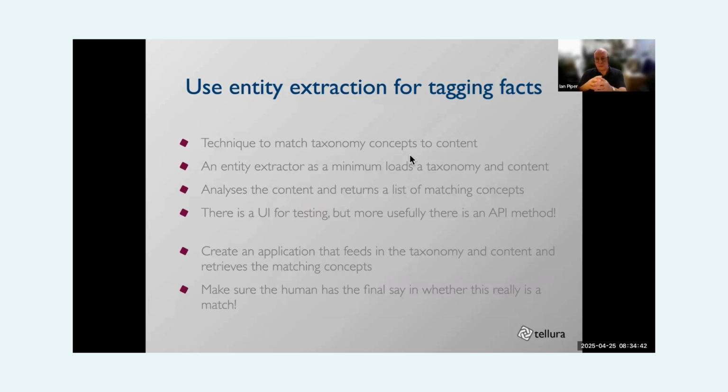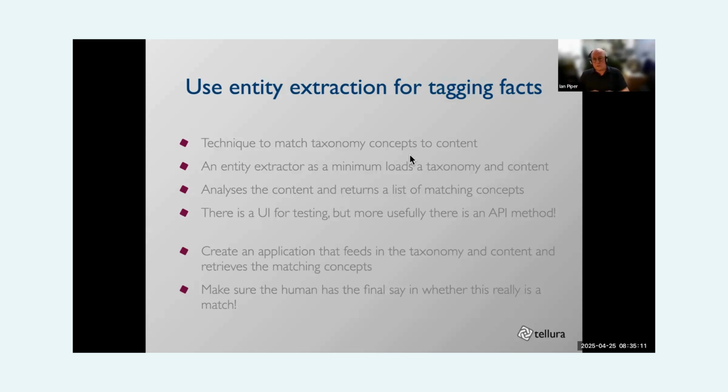You analyze a piece of content, you hold it next to a taxonomy, and you say, where are my matches? What taxonomy concepts are present in this body of content? The extractor, therefore, as a minimum, needs to load your content system, and it needs to load your taxonomy.